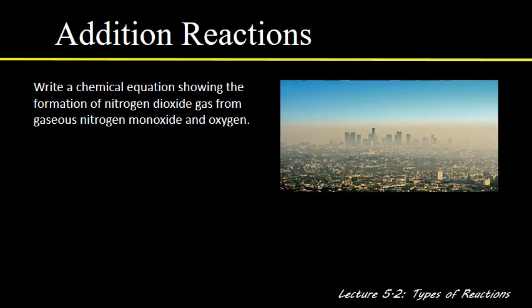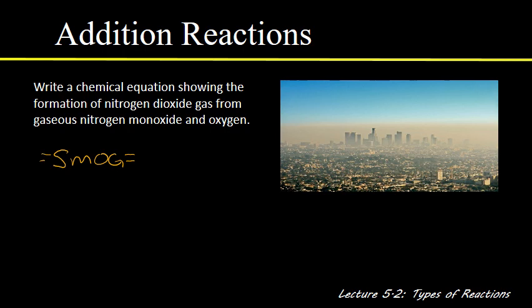Write a chemical equation showing the formation of nitrogen dioxide gas from gaseous nitrogen monoxide and oxygen. Right. This is an important reaction in the formation of smog. Right? And smog is a kind of pollution.